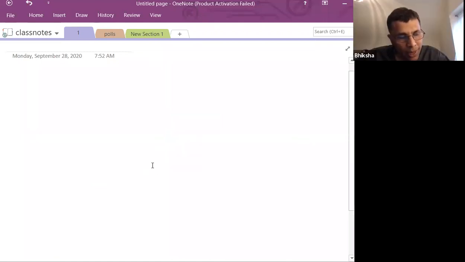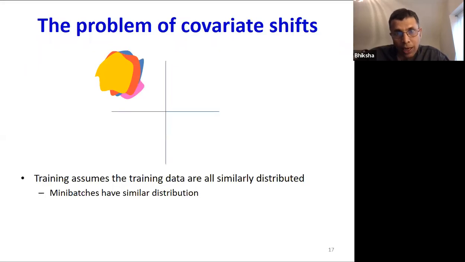The assumption that we are making is that if you randomly sample from the training data, then the distribution of the samples in the mini batch matches the distribution of the samples in your training data itself, right? You make that assumption. And that's where all of the analyses about variance and such likes actually comes up.